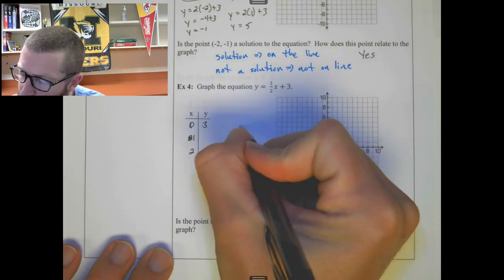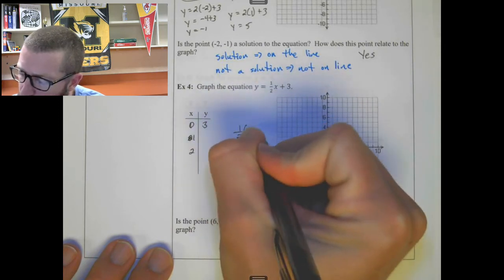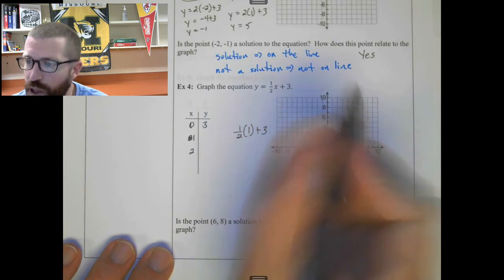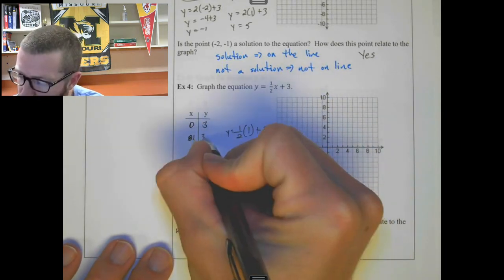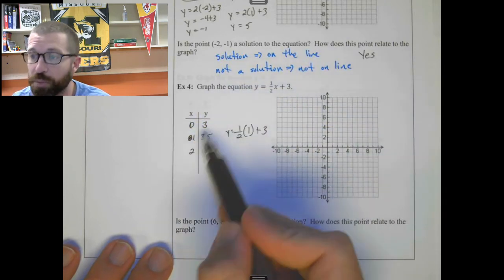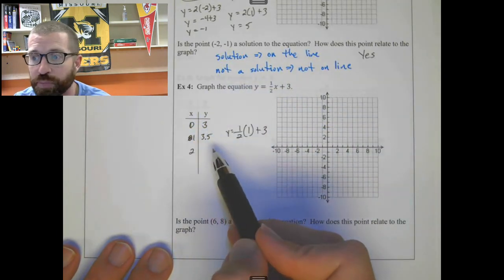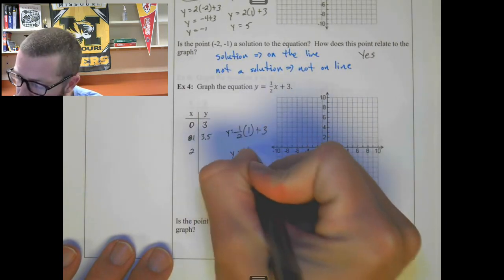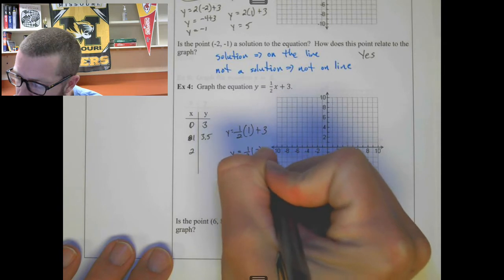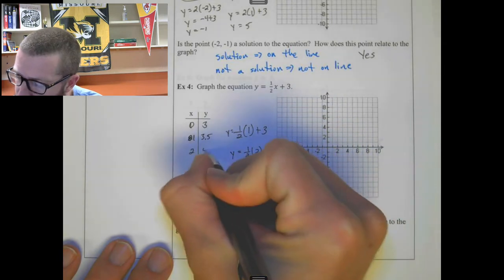When you plug in 1, 1/2 times 1 plus 3 is 1/2 plus 3, which is 3.5. And you might see the pattern. It's going up by 1/2 each time. And then when you plug in 2, 1/2 times 2 plus 3, you get 4.